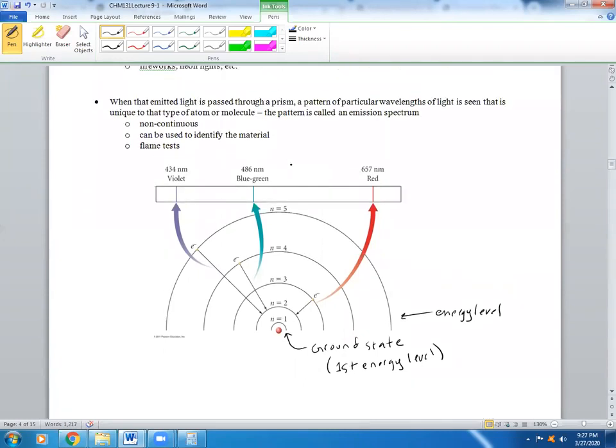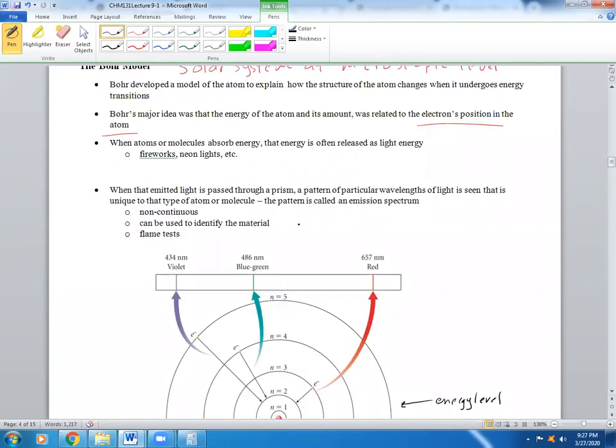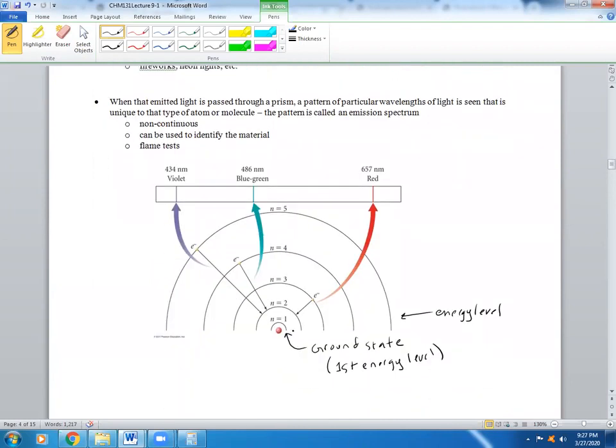So what he said is that they occupy specific energy levels, and it was related to the electron position of the atom. Well, the first one here has the least amount of energy, and electrons love to occupy those. Why do you think? Because they're closest to the nucleus.